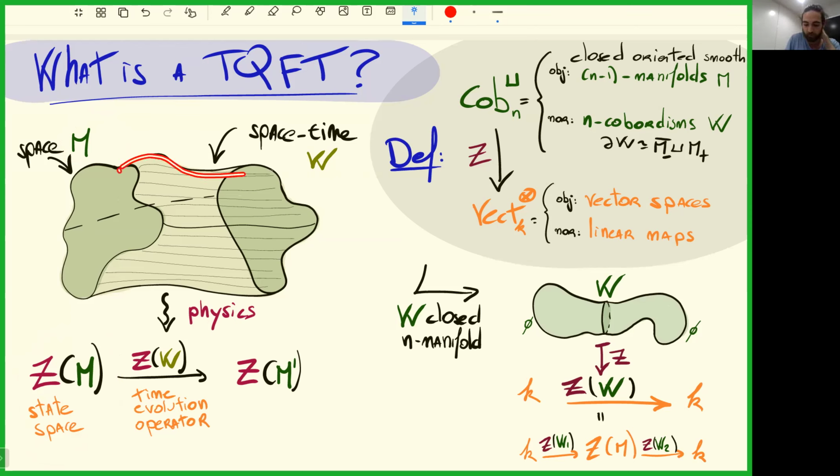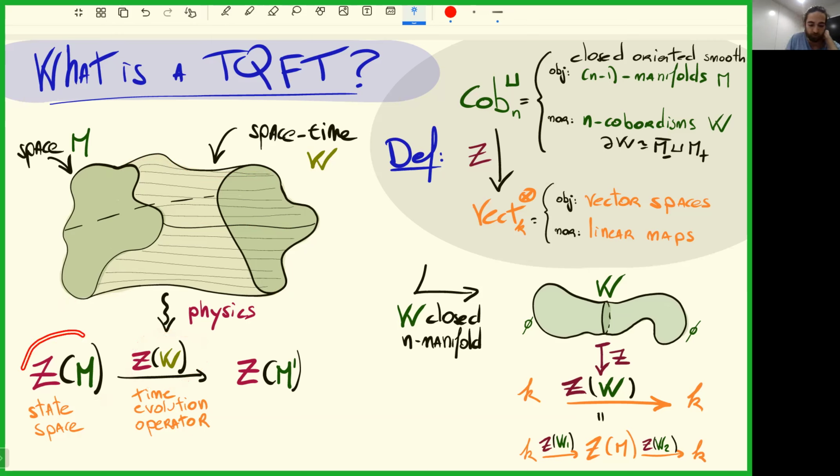And then if I have a space-time, which I will think of as a manifold one dimension higher that joins two spaces, M and M prime, then I would expect my physical theory to give me a time evolution along this space-time W. So this will be just a linear map from my first vector space to my second vector space.